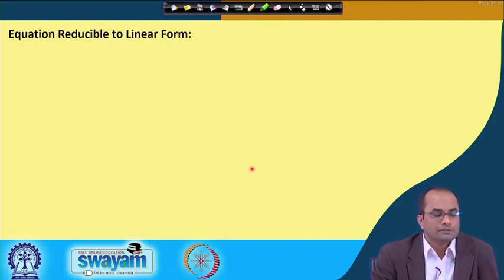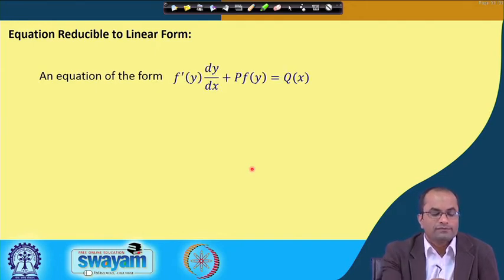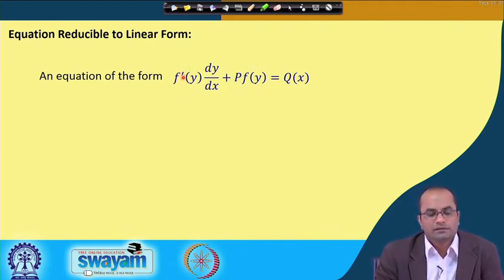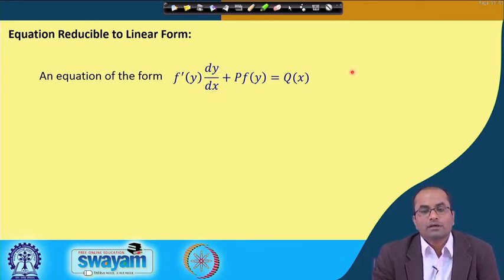Next, we will consider equations which are reducible to linear form. An equation of the form f prime of y times dy over dx plus p times f of y is equal to q. This equation is not linear in y because f of y is sitting here and also f prime of y is sitting here. The linear equation was dy over dx plus p y is equal to q x.